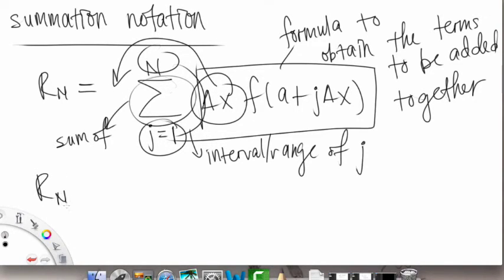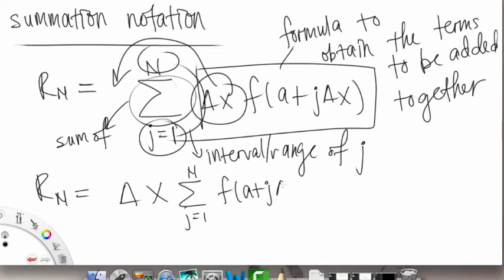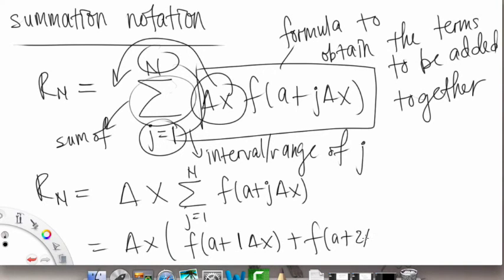R sub n is equal to delta x times the sum from j equals 1 up to n of f of a plus j times delta x. This is equal to what we had before: delta x times f of a plus 1 times delta x, plus f of a plus 2 delta x, where 2 is the next j, plus all the way up to f of a plus n delta x. So that's what we had before for our nth right endpoint approximation.